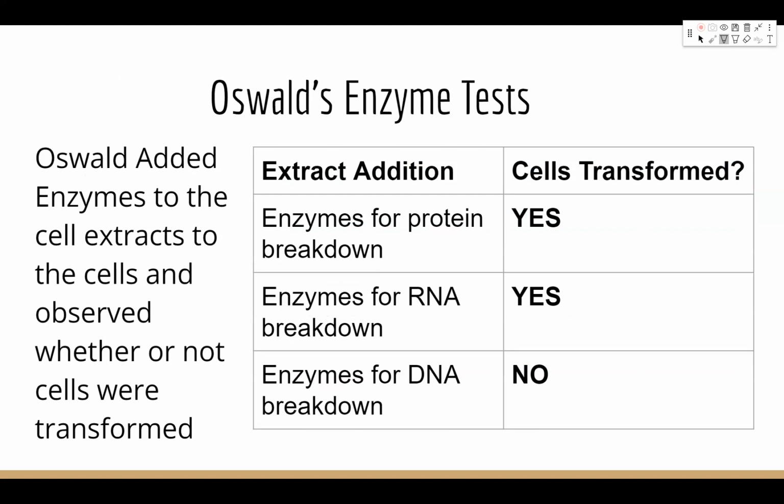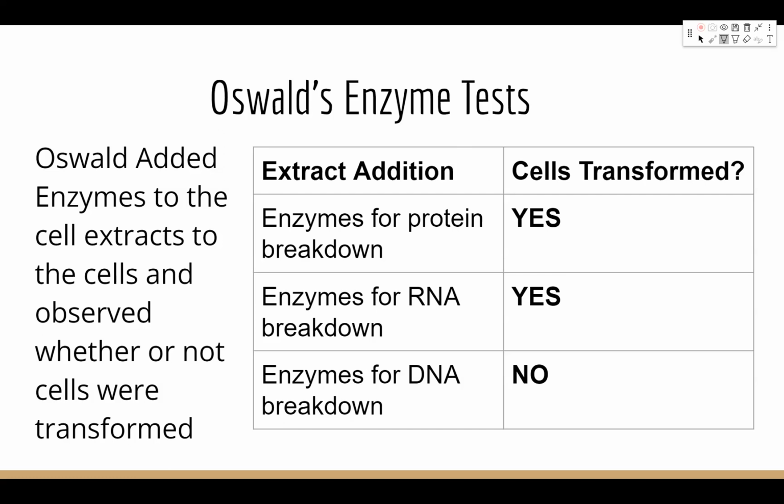So they did an enzyme test. They took enzymes and added them to the cell extracts and observed whether or not they were transformed. So for 2, it's enzyme tests. Oswald added enzymes to the cell extracts to tell whether or not they were transformed.